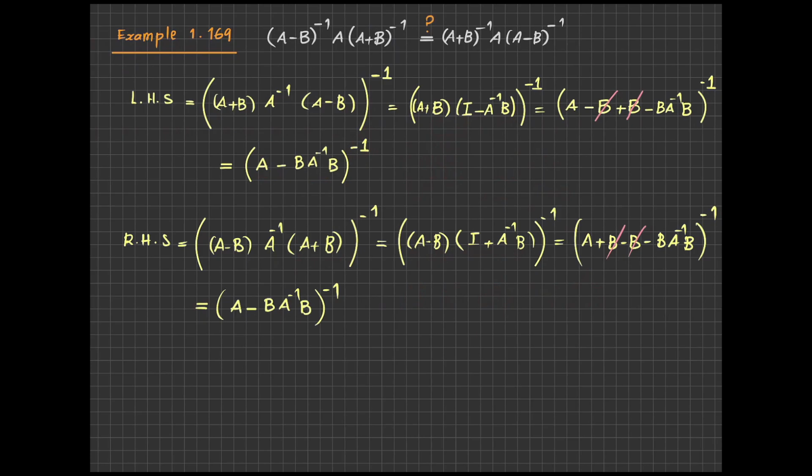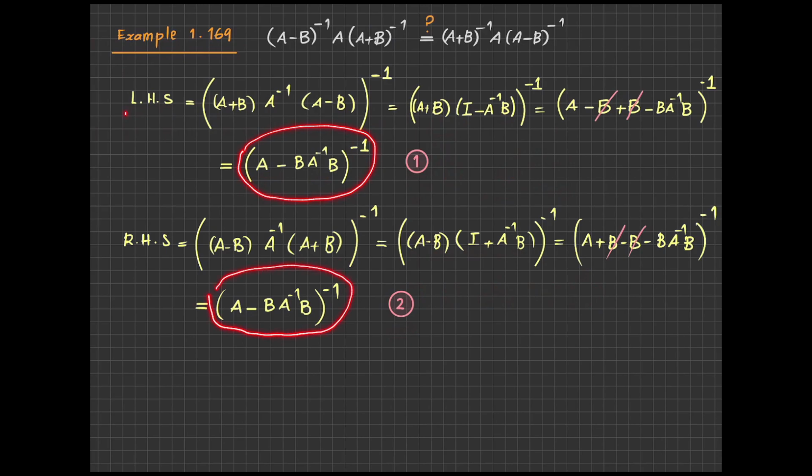So if I give this number 1, and I give this number 2, I hope that you agree that by comparing number 1 and 2, the left-hand side is equal to this expression, which is exactly this expression.